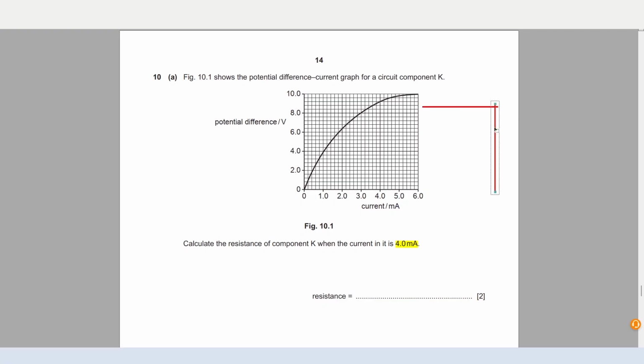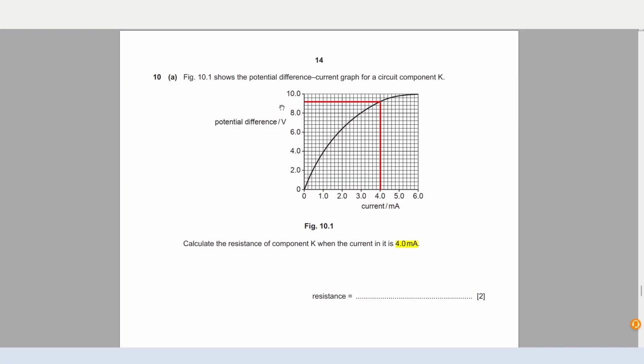So we can draw our line here and find the potential difference at 4.0 milliampere, which is going to be around 9.2.